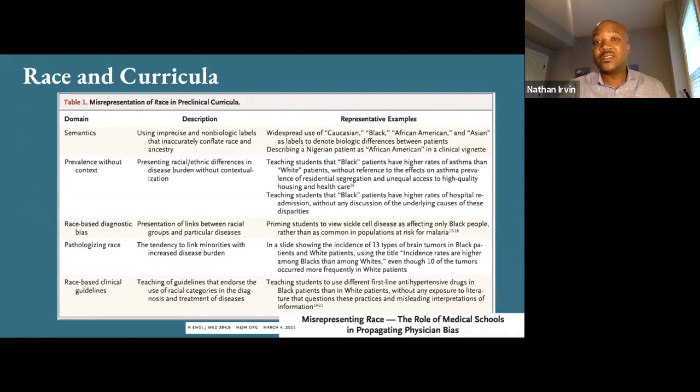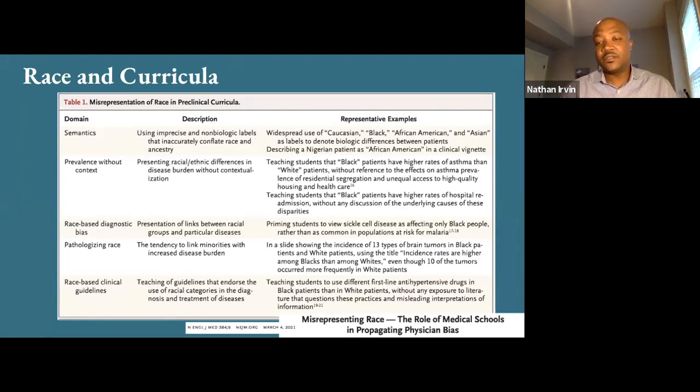A recent article in the New England Journal of Medicine is demonstrative of this point and highlights that there are several domains in which race gets misrepresented in medical education. They culled the curriculum for a medical school and found these big, egregious domains where these sorts of errors are happening all the time.